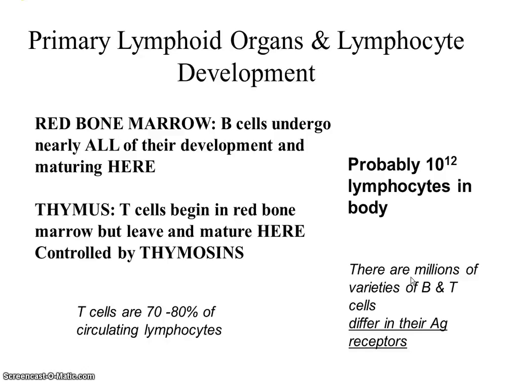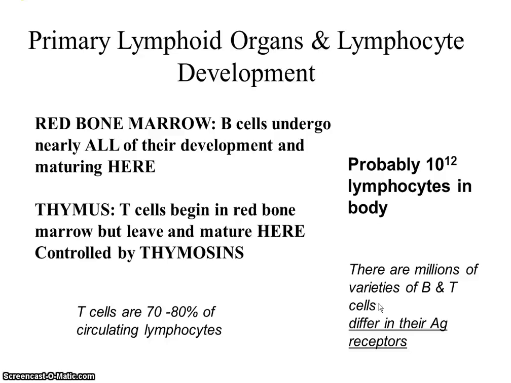Now you have to factor in that on each cell, friend or foe, there are hundreds of different antigens. And for a B or T cell to be specific, they have to have the antigen receptor, which means that there are millions of varieties of B and T cells. Again, they all look the same to you guys, because: nice round nucleus and sliver of cytoplasm. The difference is in their molecular aspects.